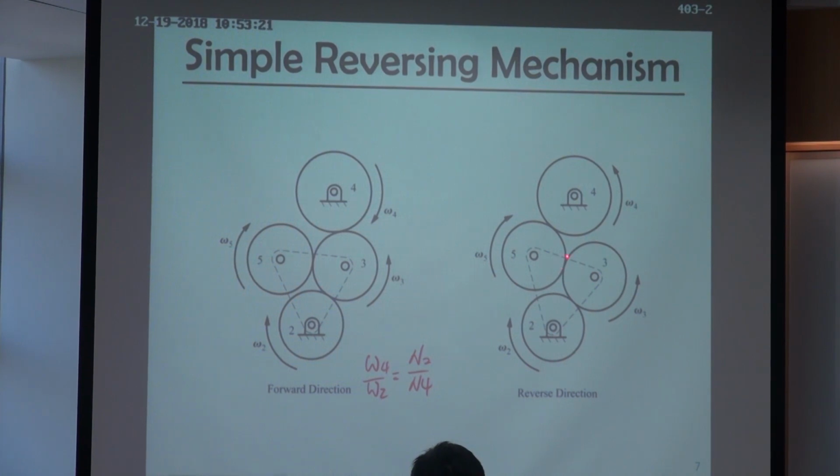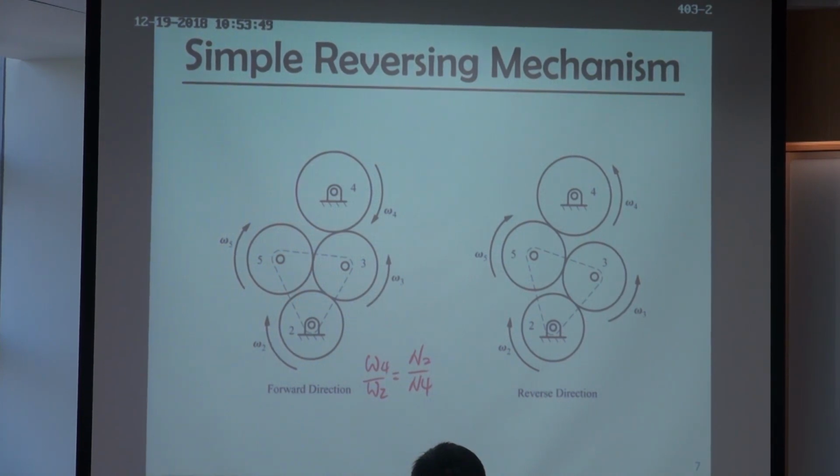But with this mechanism, if I rotate this triangular link a little bit, and this time I remove the connection from gear 3 to gear 4, and instead of using gear 3 to drive gear 4, I use gear 5 to drive gear 4. So right now it's from 2 to 3, 3 to 5, 5 to 4.